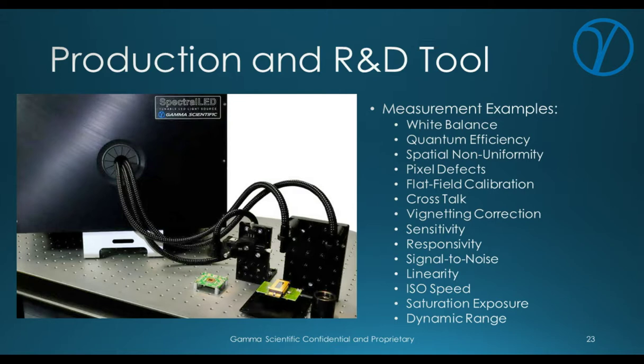Many of our customers use it for a flat field calibration with the uniform output port. Linearity is another very important one because we are able to provide such a wide dynamic range. Responsivity, sensitivity, these are all very important parameters for many people to characterize, again, whether you're at the sensor level or testing a fully packaged electrical camera system.